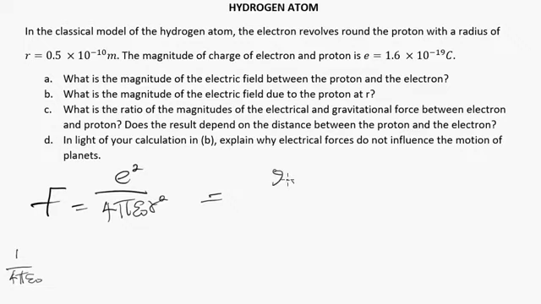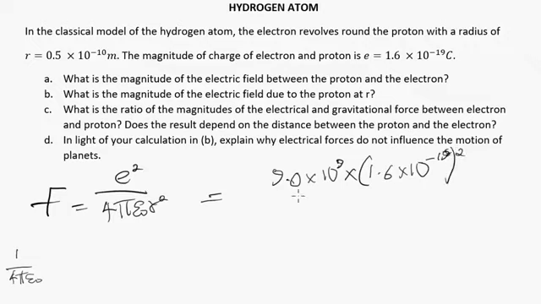So we'll have 9.0 times 10 to the power of 9, times the square of e, that's 1.6 times 10 to the power of minus 19, and then we square it.